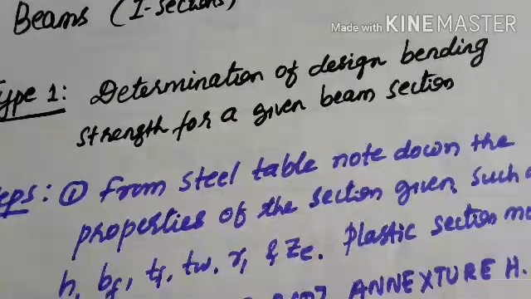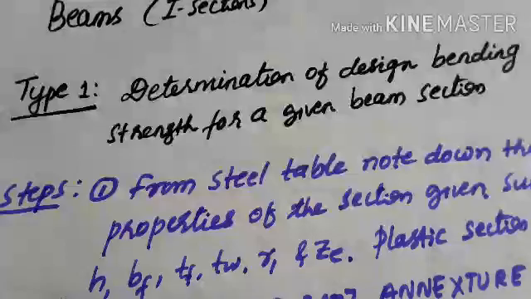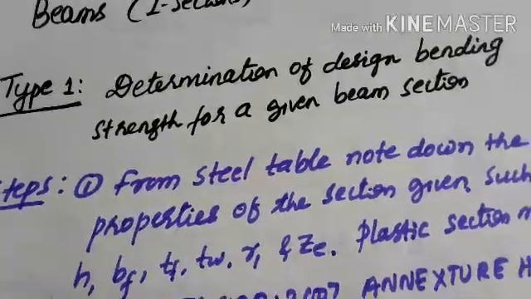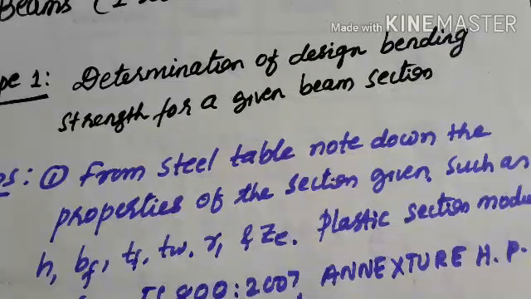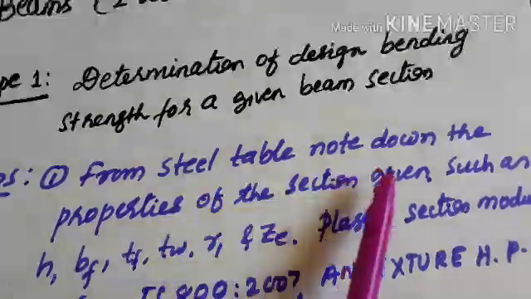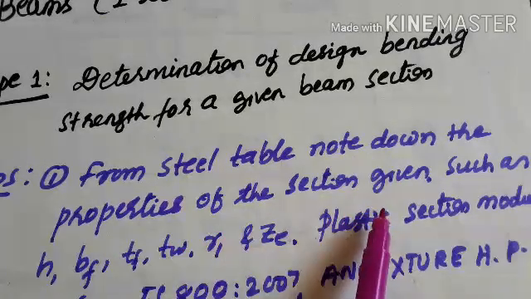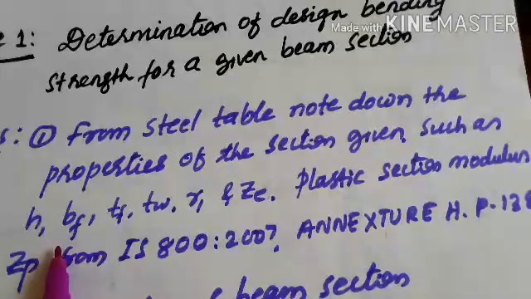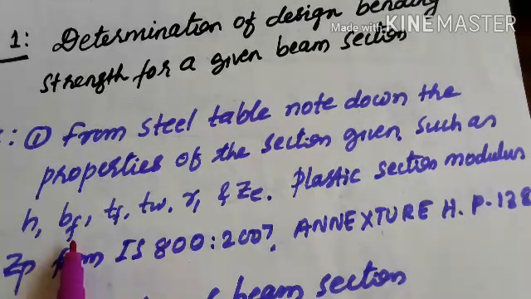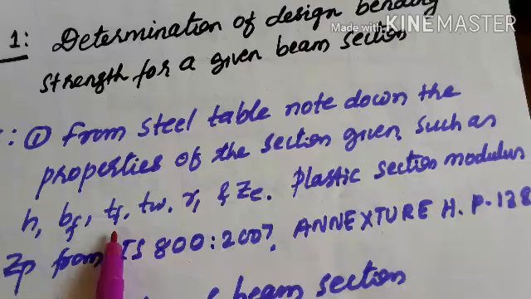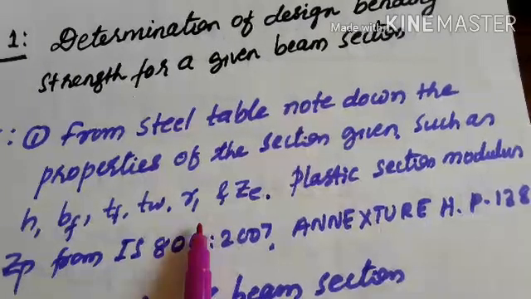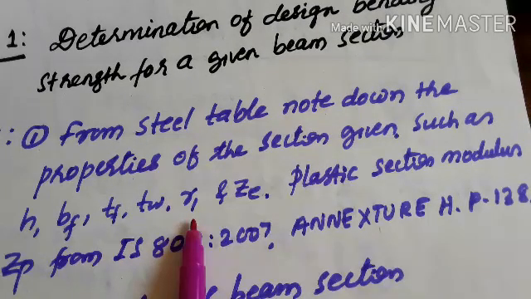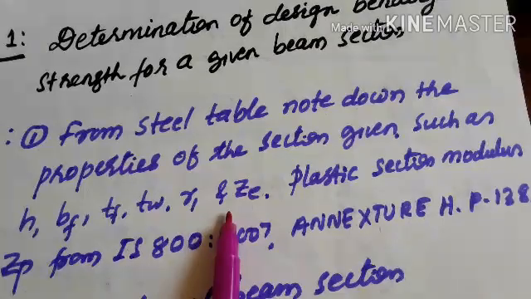So we'll just recall step 1. In step 1, from the steel table, note down all the properties of the section given, such as the height or depth of the section, width of the flange, thickness of the flange, thickness of web, then the root radius and the elastic section modulus.